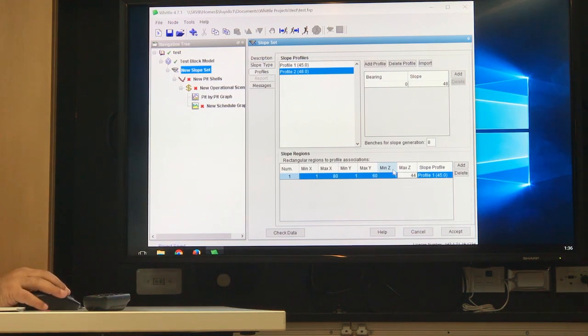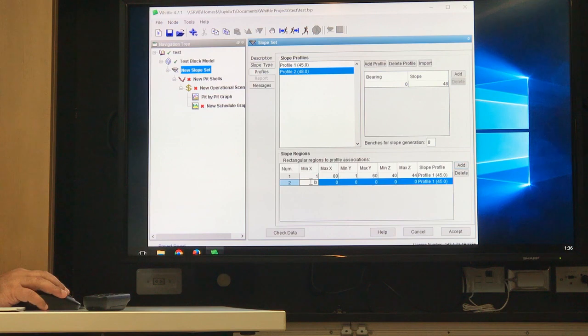So I would say from, let's say, 40 to 44, assign the profile number 1, and then create a new region where all this information is exactly the same, like the min X, max X, min Y, and max Y, but here it's going to be, what, 39 to, sorry, it's 1 to 39, because otherwise there will be an overlap between the 2.